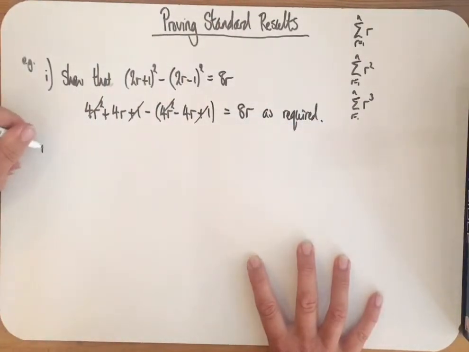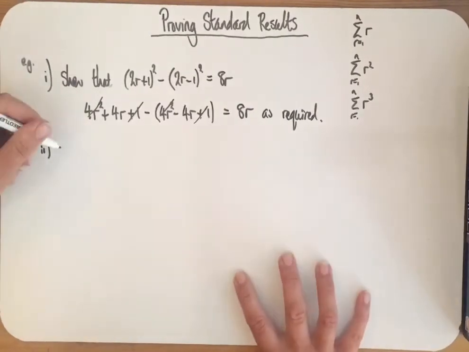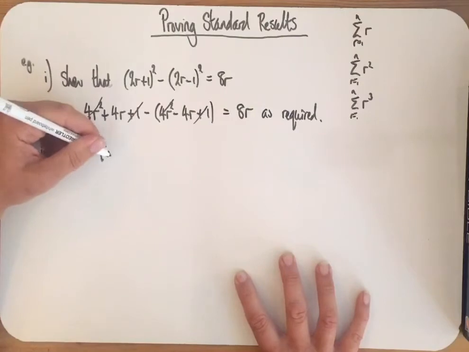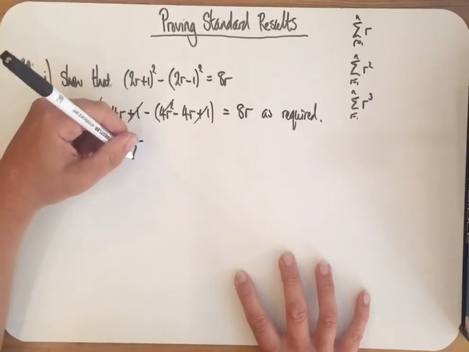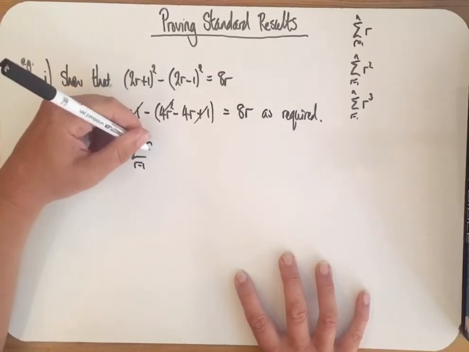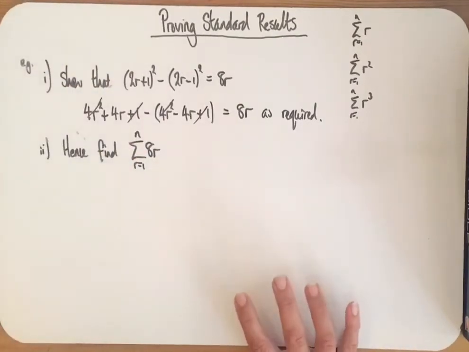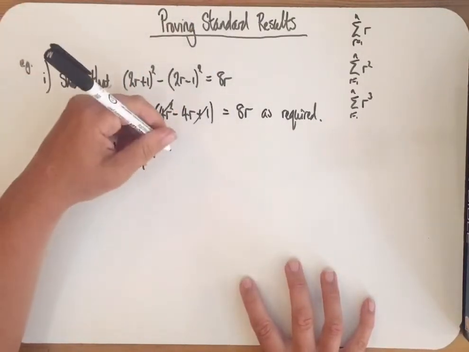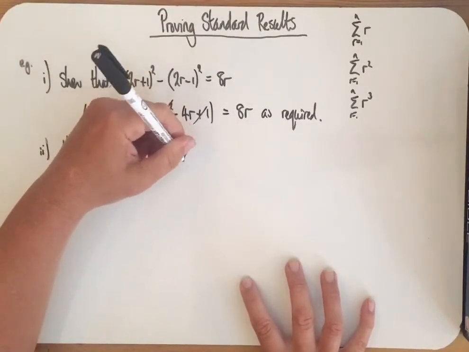And then we want to find the sum from r equals 1 to n of 8r.